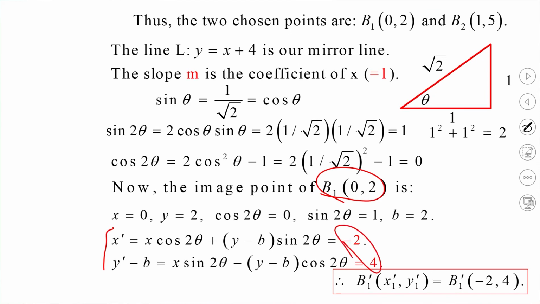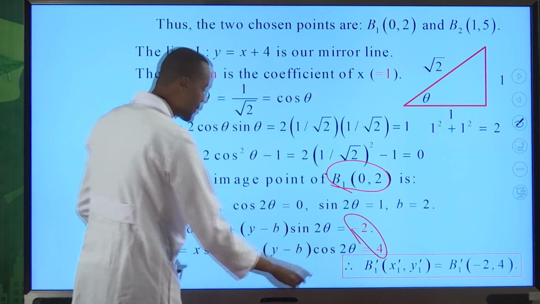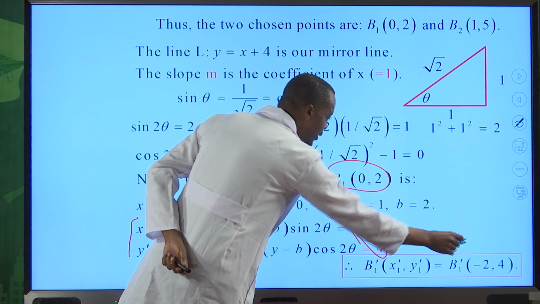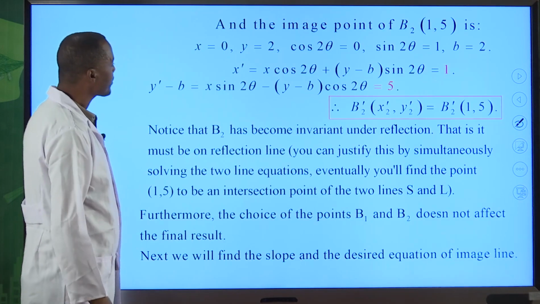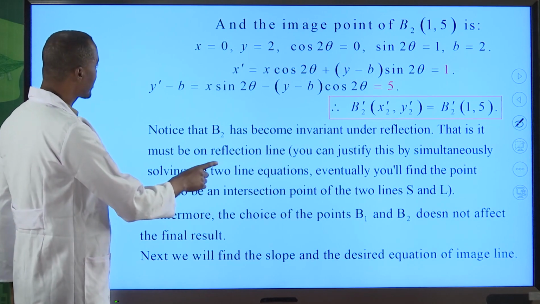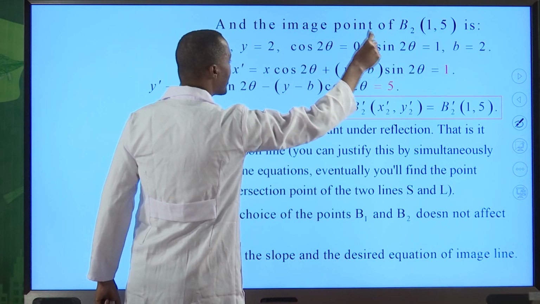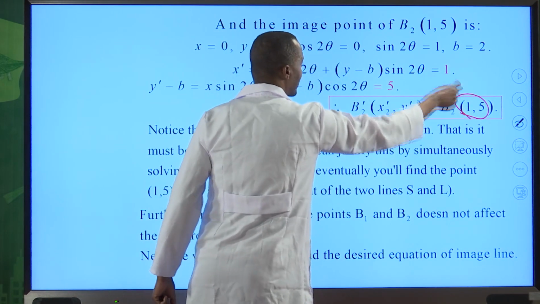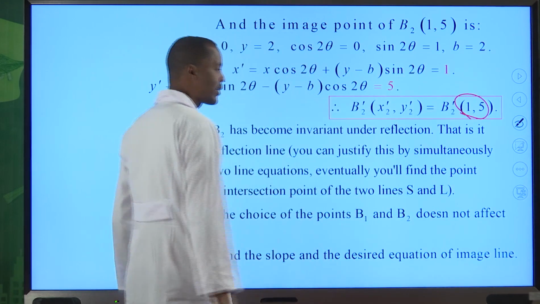We directly substitute the values into the formula and we get -2, 4. So my point B1 is mapped to -2, 4. With the same procedure, the second point, B2 1, 5, is mapped to itself, also 1, 5.